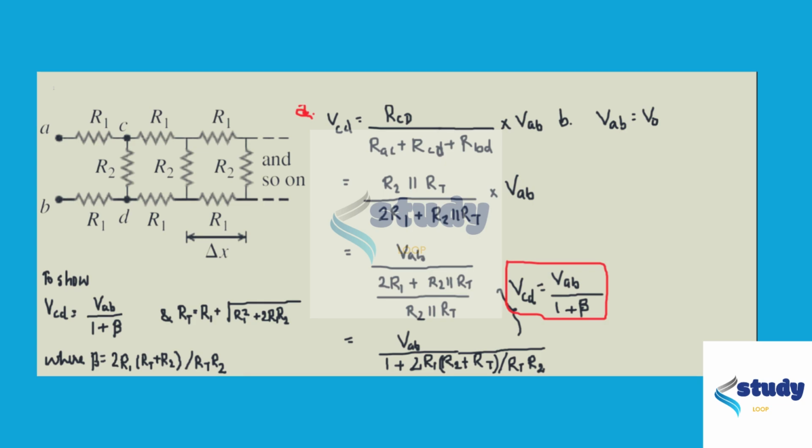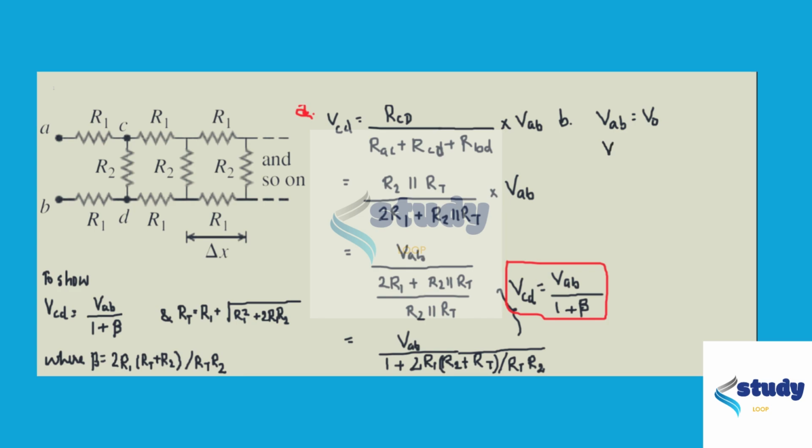For n segments from the left end, the voltage is Vn. So in that case, we have to find out V for the nth segment.